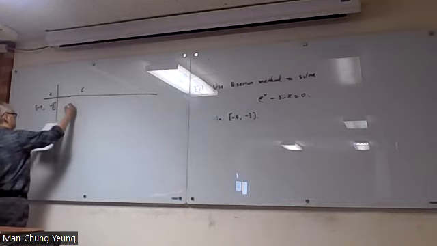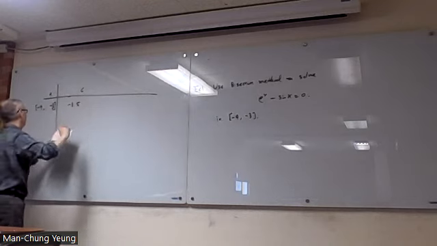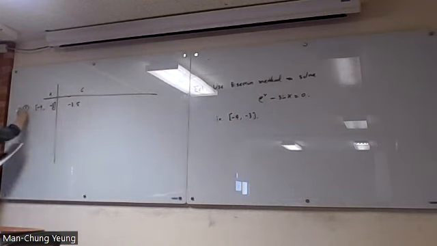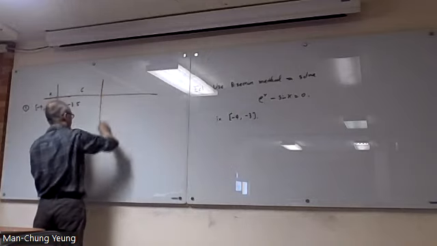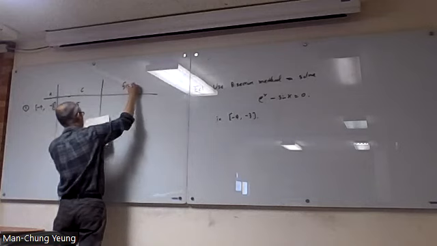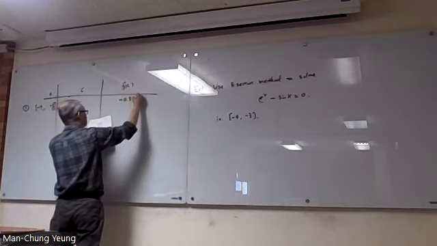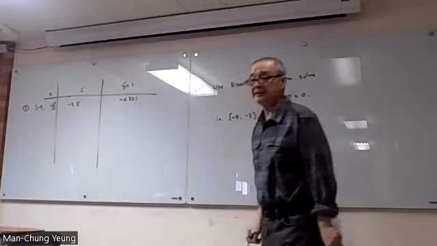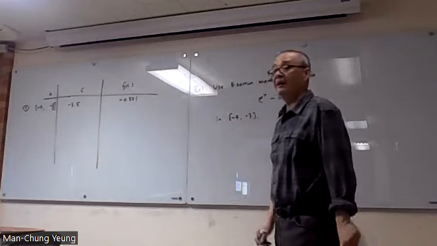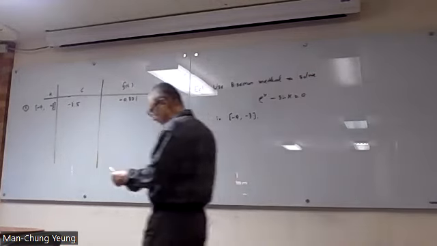Midpoint is 3.1. This is iteration one, first step. Function value at the midpoint is negative 32.1. Okay, so the function value is not small. But this is step one.